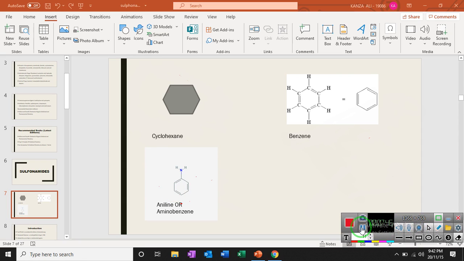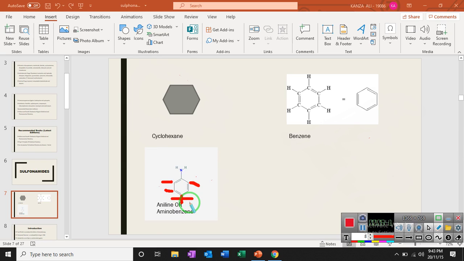If a substituent is at the adjacent position to the first group, it is ortho; at an alternate position, meta; and at the opposite position, para.